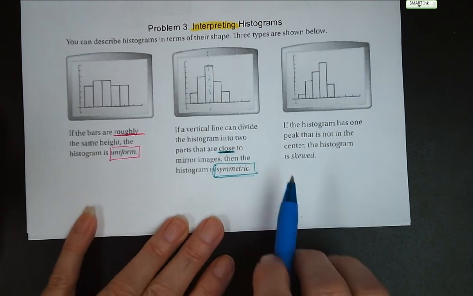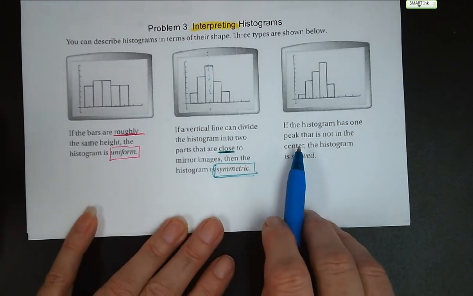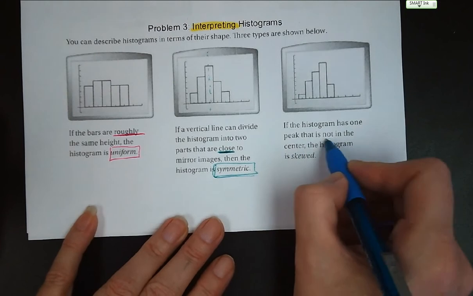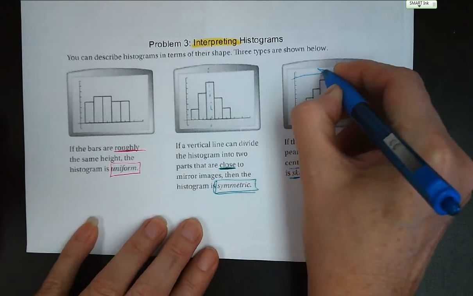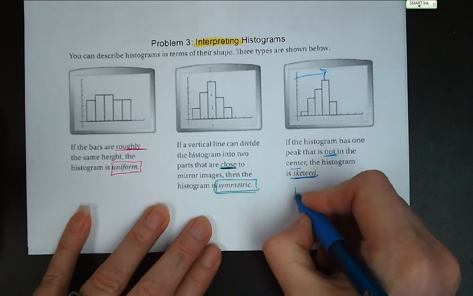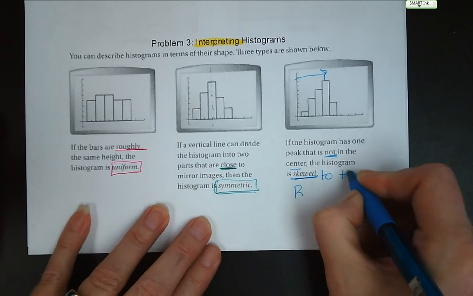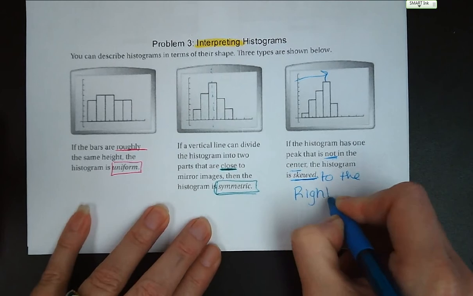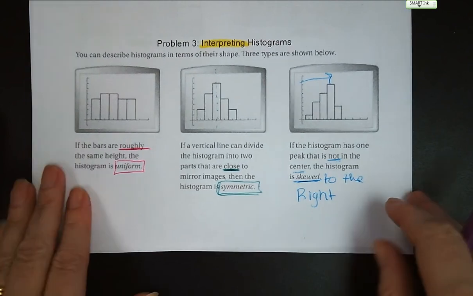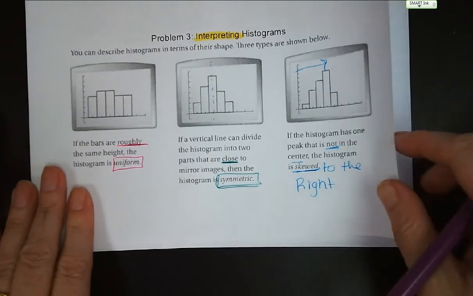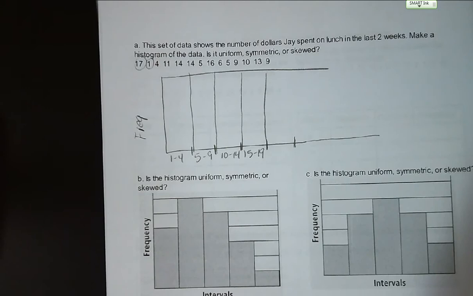The third one is if there is one peak and it's not in the center, we call that skewed, because it's skewed to one side. This one happens to be skewed to the right. On the Chapter 10 test that we took, our histogram was skewed to the left. The first one. Yeah, the original. Skewed towards the F.